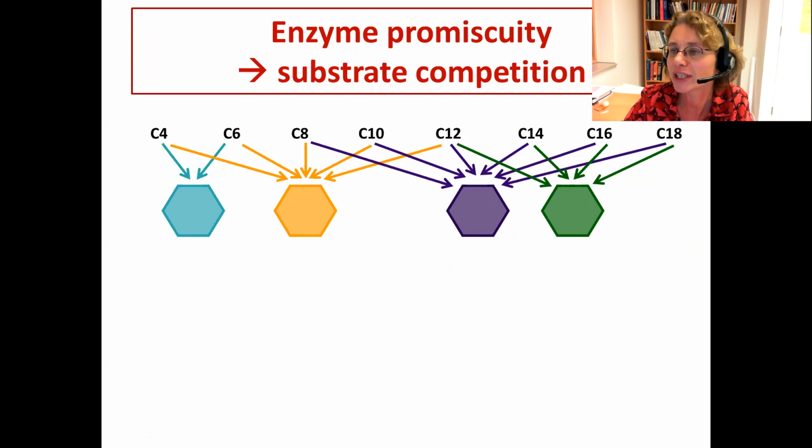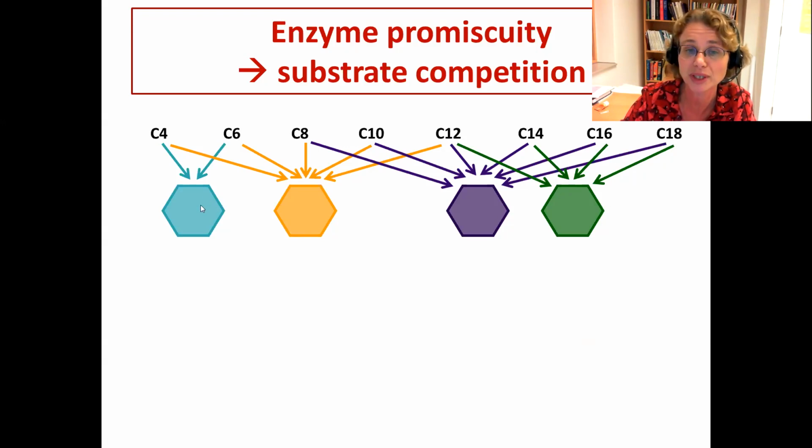But when we were looking at the system, we realized that it has very special properties. If you look at these enzymes, schematically, they're utilizing all these different fatty acids with different carbon chain lengths. And what you will appreciate is that we have multiple reactions, multiple substrates, but many fewer enzymes.